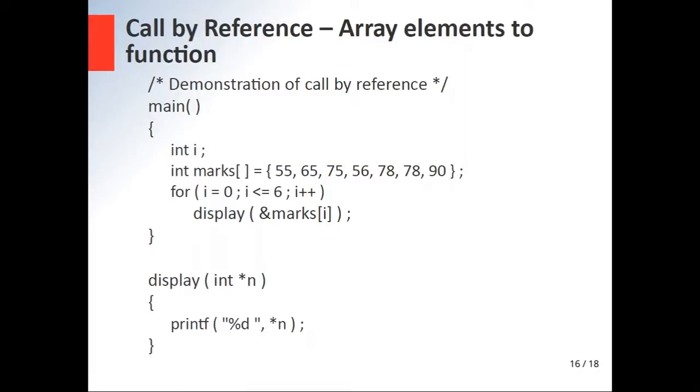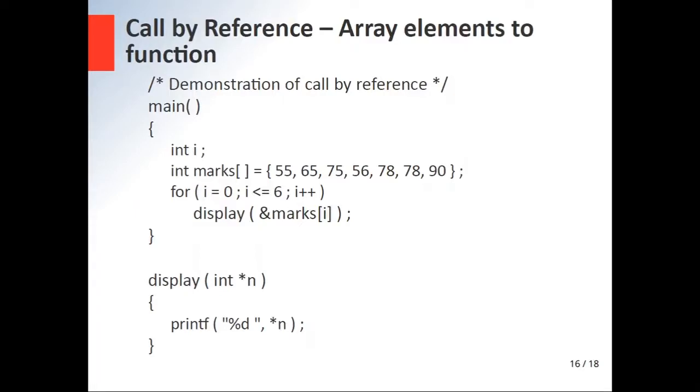So we are calling the display function with ampersand marks and in brackets we have the index location. For example, if the value of i is 0, it calls the display function with the address of marks[0]. So that is the address location of the first element in the array.